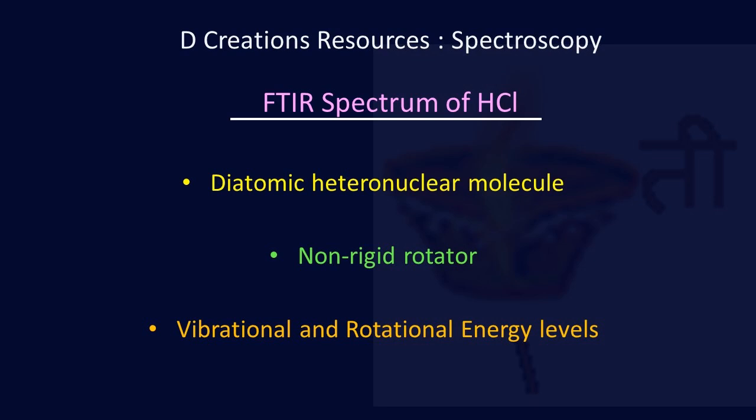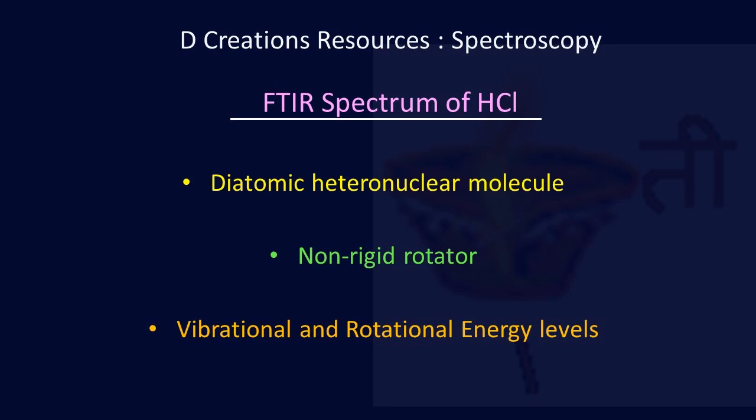The main thing to remember is, because the HCl molecule can be modeled as two nuclei connected by a spring representing the interatomic force, you can call this system a non-rigid rotator, and the nuclear motion consists of simultaneous rotations and vibrations.